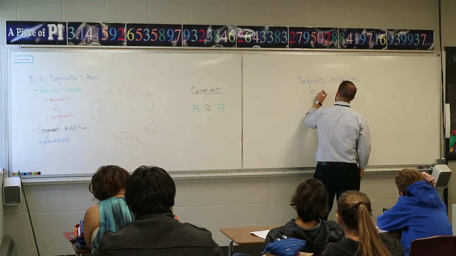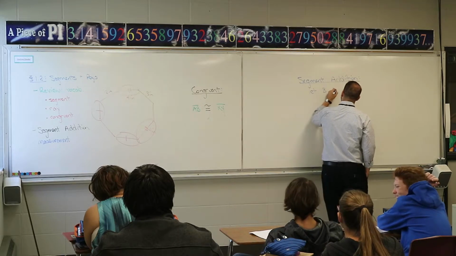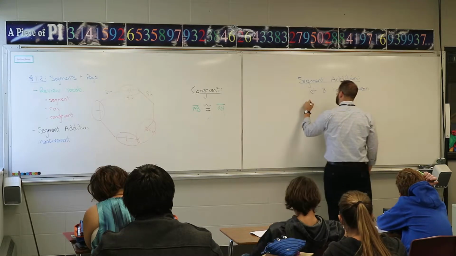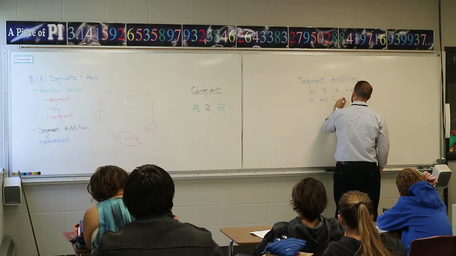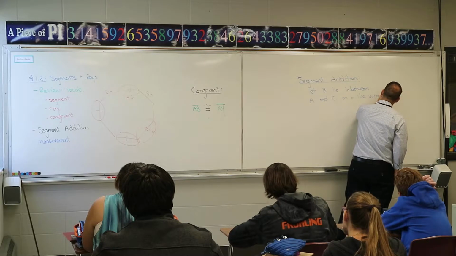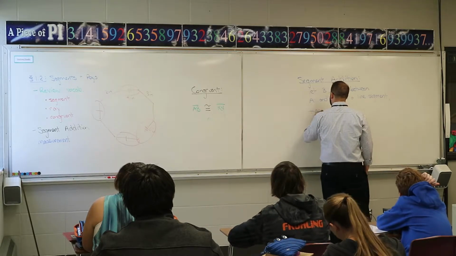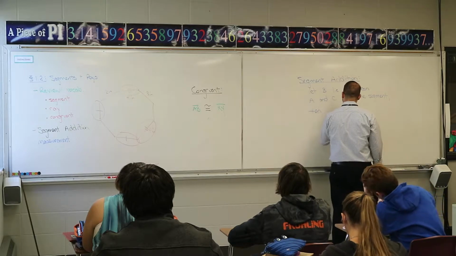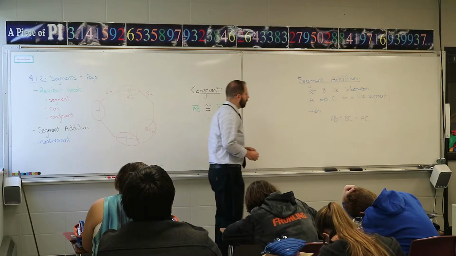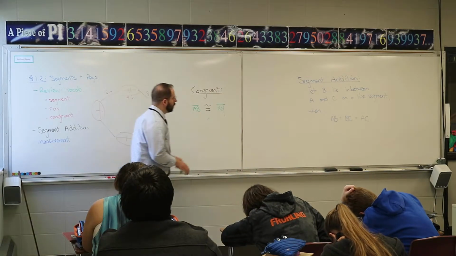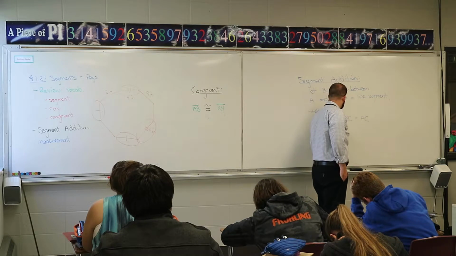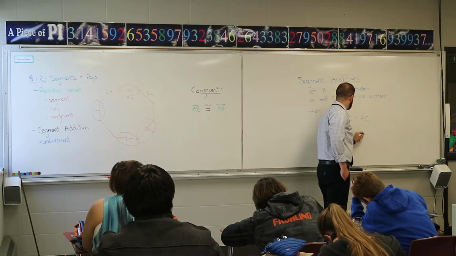Let B be in between A and C on a line segment. Then AB plus BC equals AC.